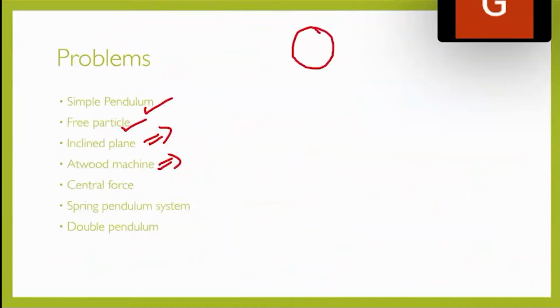An Atwood machine is basically a pulley, and I'm assuming that the string is inextensible. It connects two masses, M1, M2.